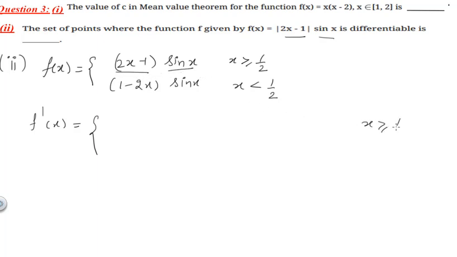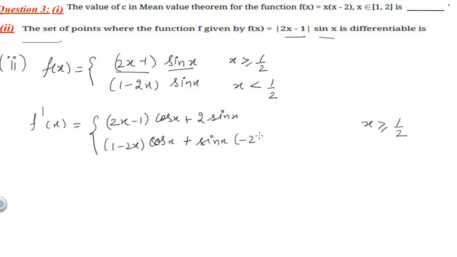For x greater than 1 by 2, the answer is 2x minus 1 as it is, differentiation of sin x will be cos x, plus sin x as it is, and differentiation of 2x minus 1 is 2. In the second one we will get 1 minus 2x as it is, sin x differentiation will be cos x, plus sin x as it is, differentiation of 1 minus 2x will be minus 2. Clear? This will be for x less than 1 by 2.